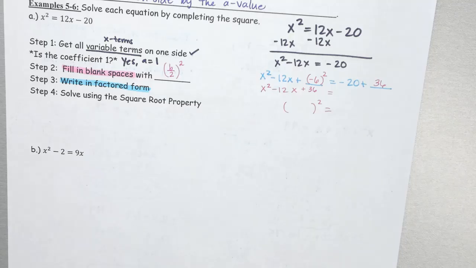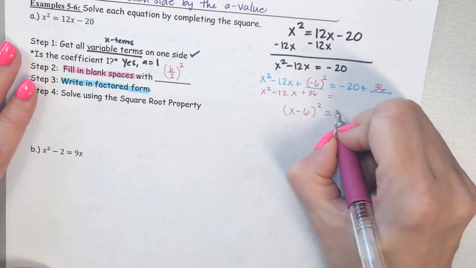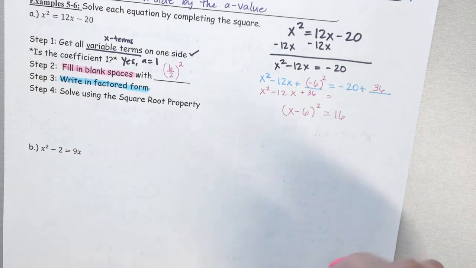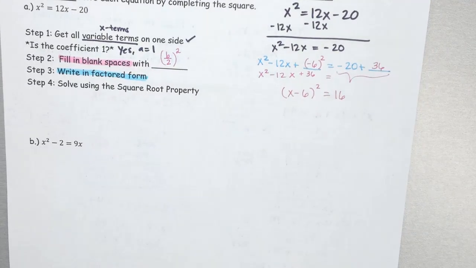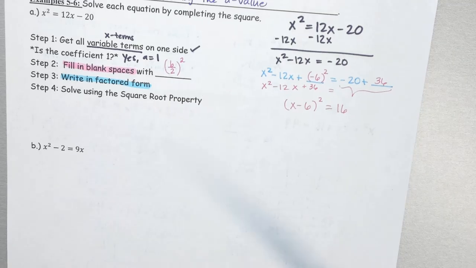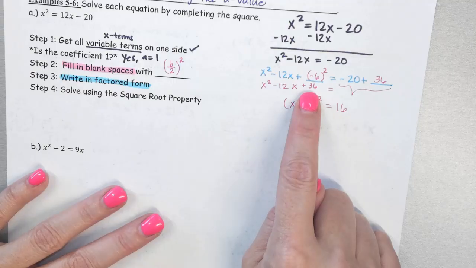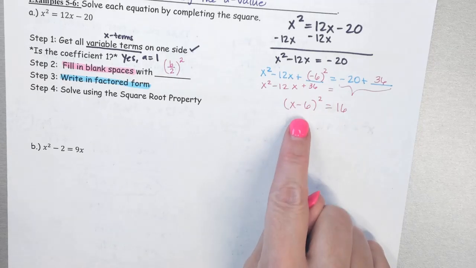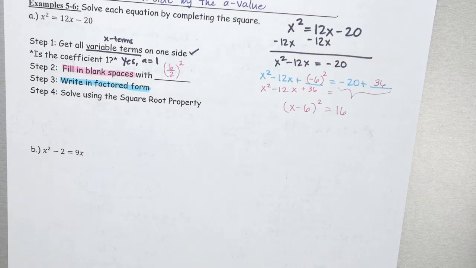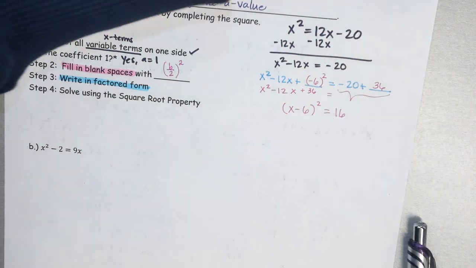So what we should factor this into is x minus 6 squared. And then this is going to be 16, because negative 20 plus 36 gets you 16. So we add this to complete the square by making this a perfect square. That's why it's called completing the square, because this is a perfect square trinomial now. And if that's a perfect square trinomial, I can solve using the square root property.